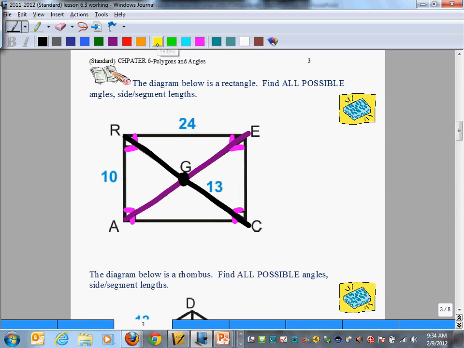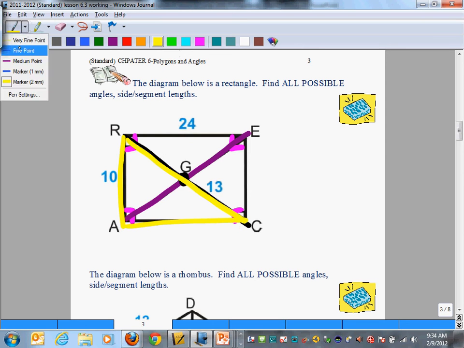I'm going to give you 1 more hint. If you have your highlighter, highlight this triangle, please. R-A-C. Highlight that 1 triangle. Now, I'd like you to sweep RCA, this angle right there.